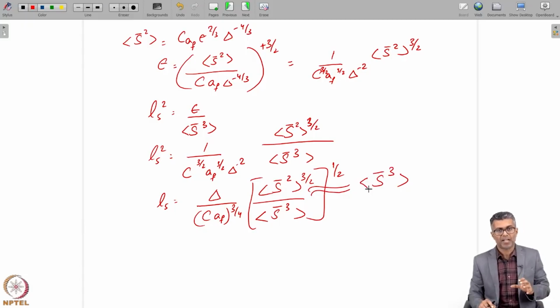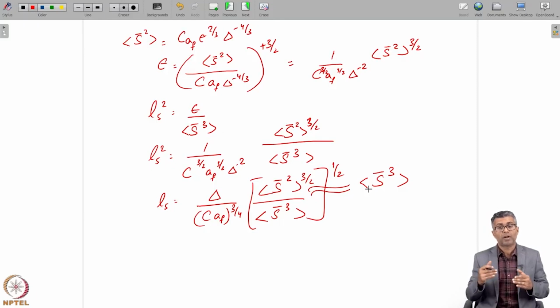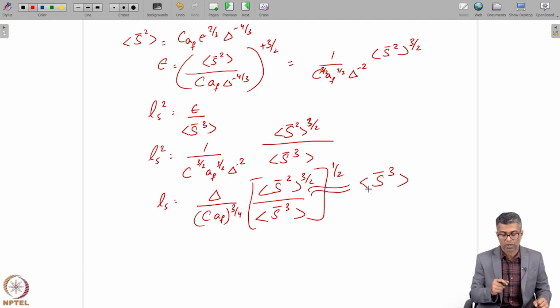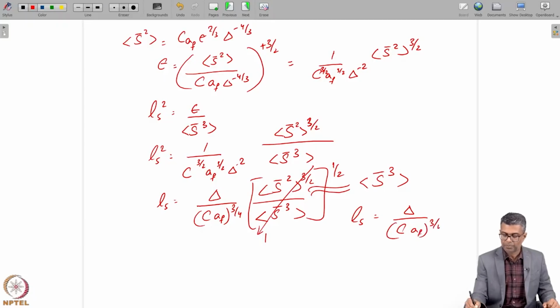It is not going to be exactly equal, because you are taking an average and then raising it to the power of 3/2, so it's not going to be the same as S bar cube average. But we are making the approximation that it is. In that case, this would cancel out and you would just get 1 there. So then L_S would be equal to delta over C A_F to the 3/4.